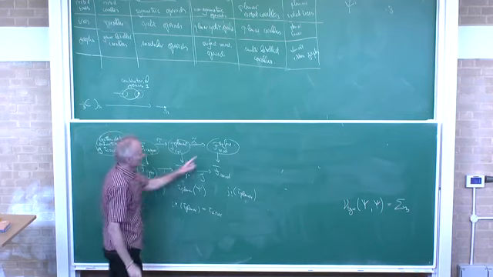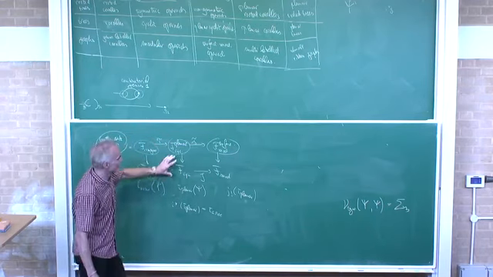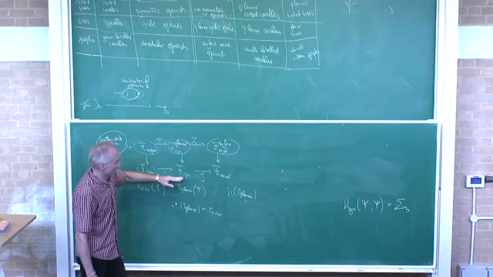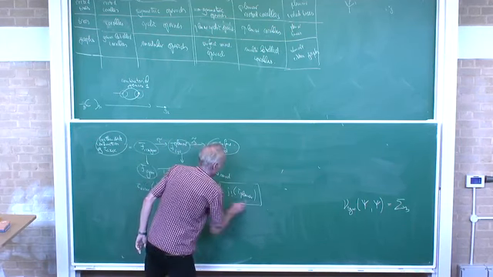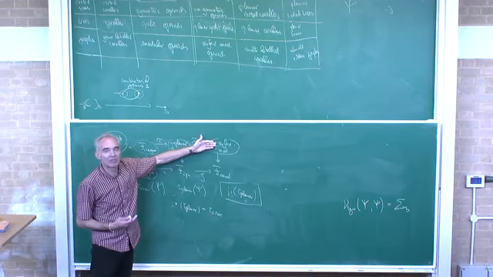So this Feynman category is really determined by this, and so it can be formally constructed.